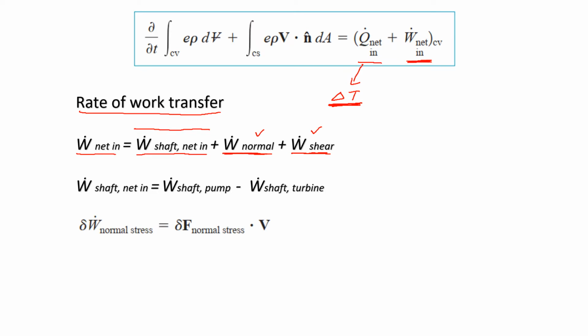So first I'm going to discuss the rate of work transfer required to overcome the normal stresses. This is the rate of work transfer, and this can be written as force into velocity, the force required to overcome the normal stresses into velocity. Sorry, this is not volume, this is velocity.